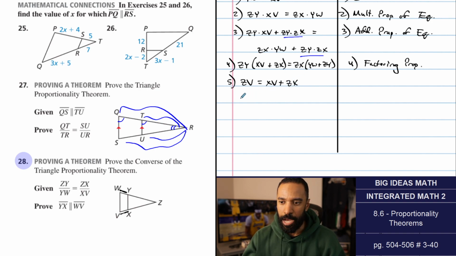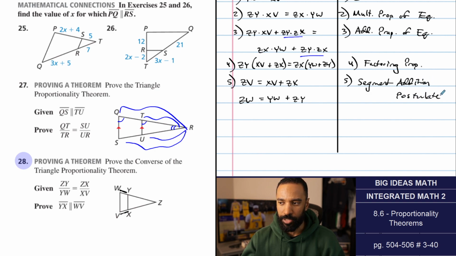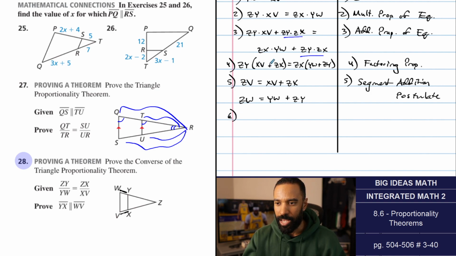And then ZW is YW plus ZY. That is the segment addition postulate. And we're going to substitute in those things. So let's put ZV in place of that there.